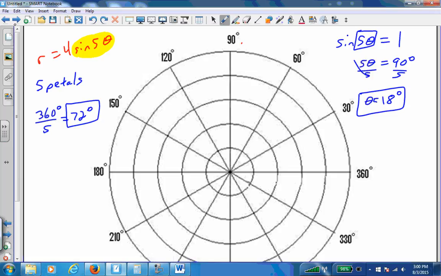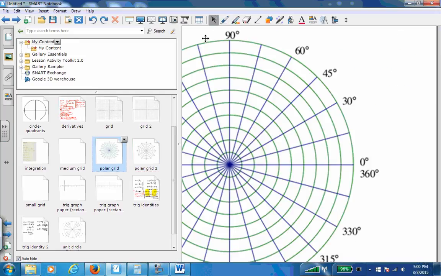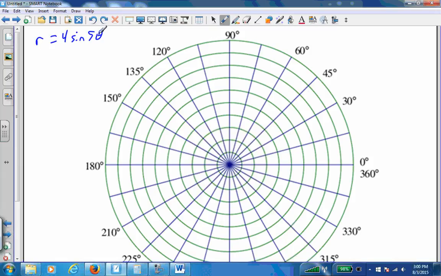So let's actually, I got a grid that's a little bit more accurate. What do we have? r equals 4 sine 5 theta. So our first tip is at 18 degrees. How far out is it going to be? 4.